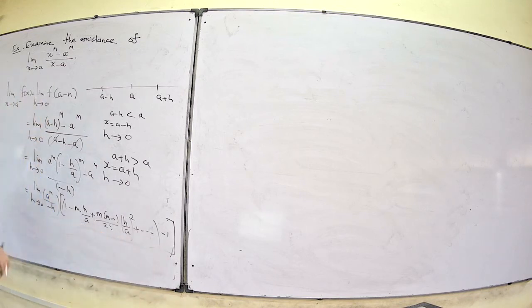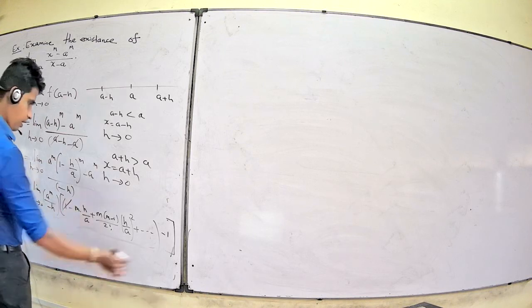Now, suppose h tends to 0. From this part, you cancel the terms 1 and minus 1.